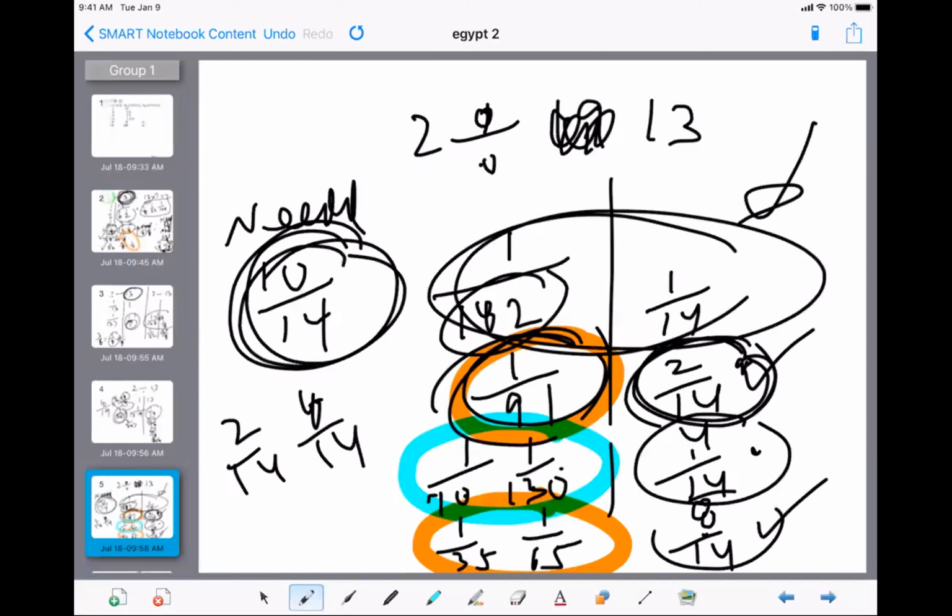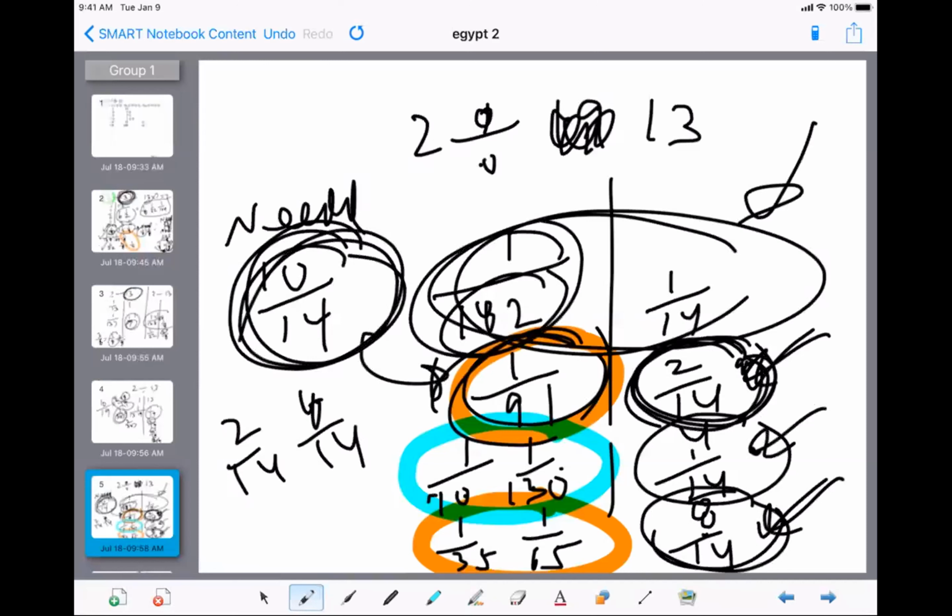So I had to double to get 2 over 14 and double to get 4 over 14 and double to get 8 over 14. So I could combine the 8 and the 2 to get 10 over 14. But on the left-hand side, when I turned the 1 over 14 into 2 over 14, I had to change this 1 over 182 to 1 over 91. So I divided the 182 by 2 because that's how you double an even unit fraction.